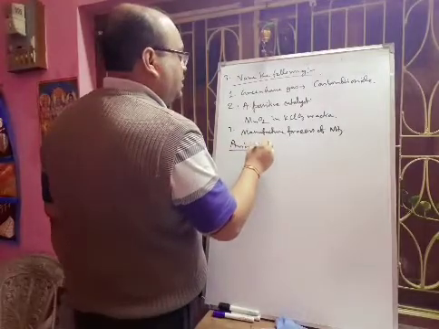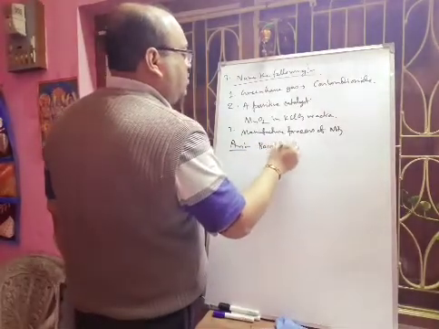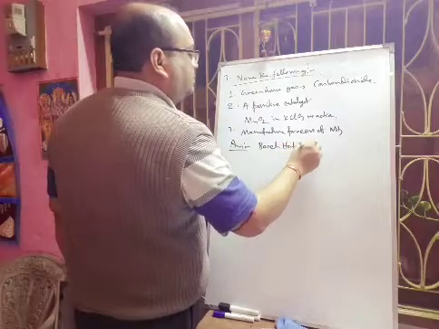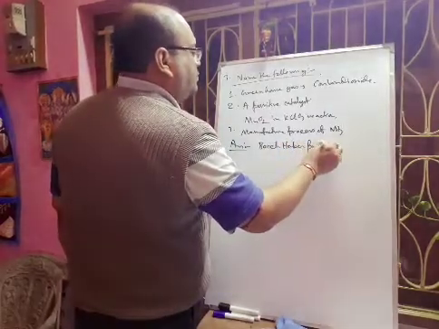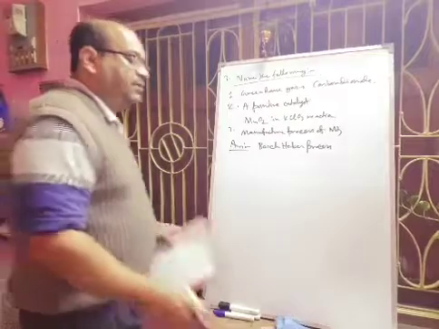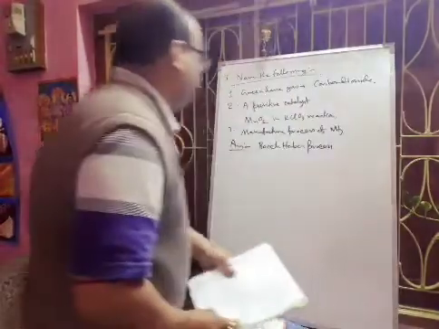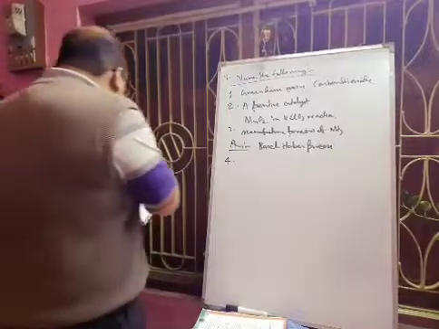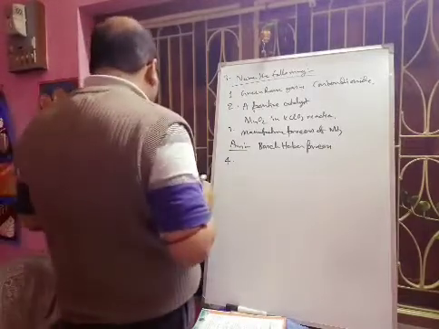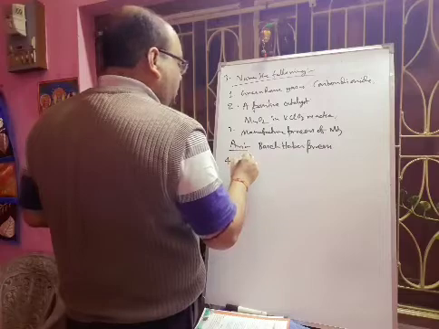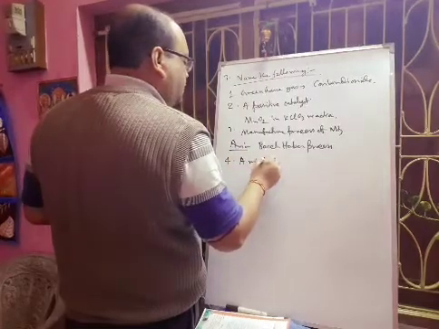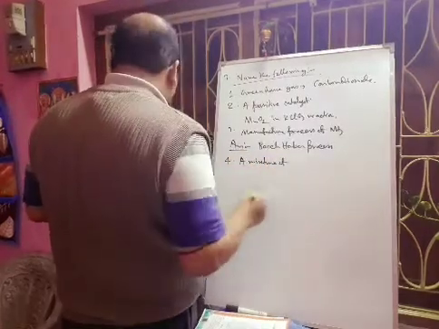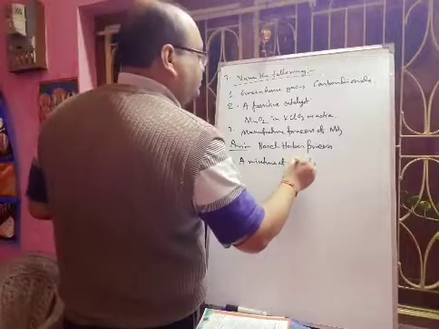Bosch-Haber process, or you can write only Haber process. So this type of name the following questions are important. Okay. One more name the following I am discussing: a mixture of oxygen and carbon dioxide.